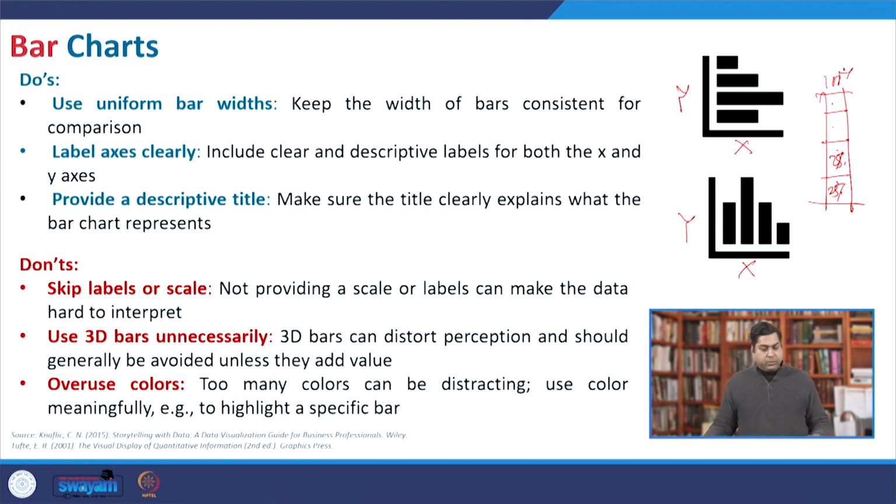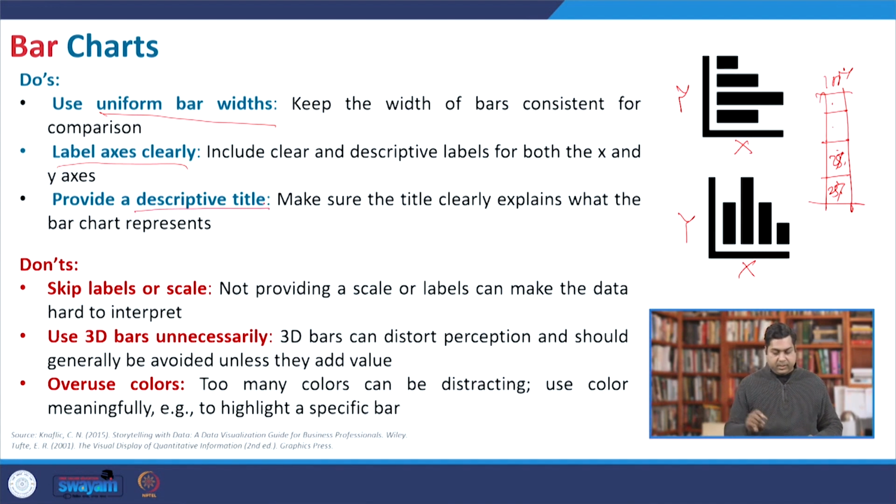Now, coming to the do's and don'ts, in this case use uniform bar widths, so that this should not lead to any bias that some of the bars have more width. Is there any other meaning of that? So, it should be uniform, and you have to label the axes clearly, what the x axis means, what the y axis means, and give a proper, descriptive title for this bar chart.